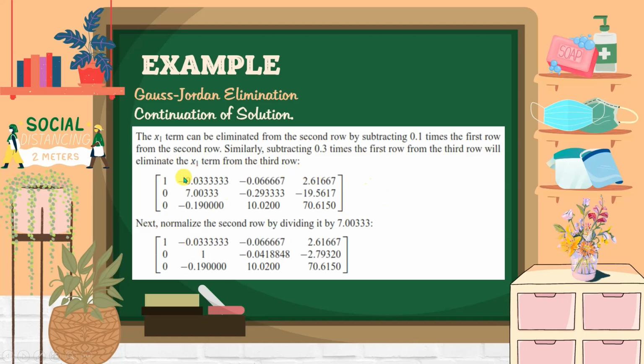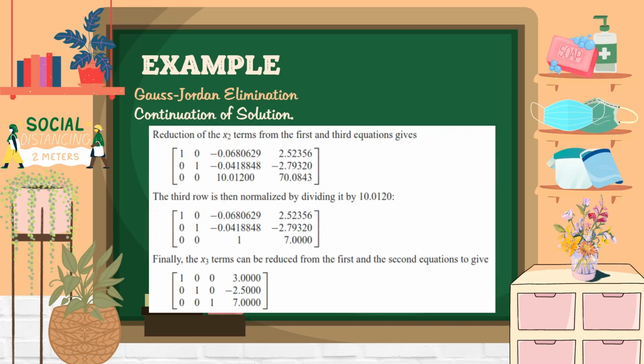Next, it will be represented in this equation. Next, normalize the second row by dividing by 7.00, and we will be able to get this particular function. So we are using normalization here. Reduction of the x sub 2 terms from the first and third equations will give this particular solution. The third row, dividing it by 10.01, we will be able to have this particular equation.